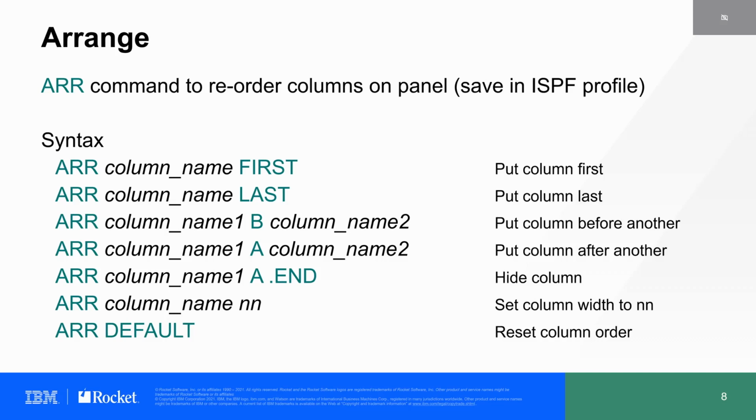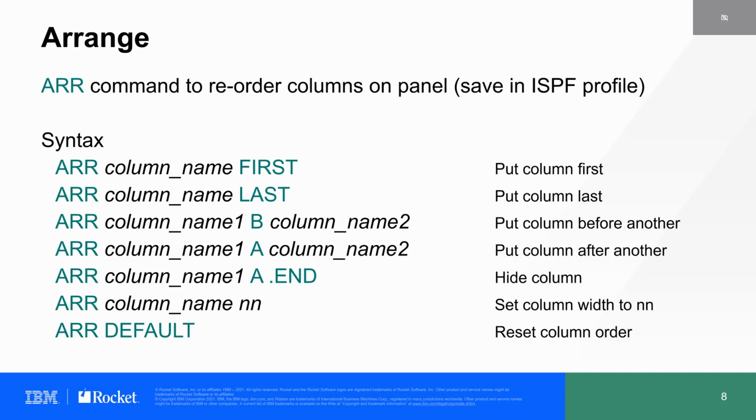We have this special logical column called dot END, and if you arrange your column after dot END, then it goes all the way to the right-hand side of the screen, but beyond this dot END boundary, which means that we then don't show it. So it's a nice way of taking columns you're not interested in and moving them completely off the screen.